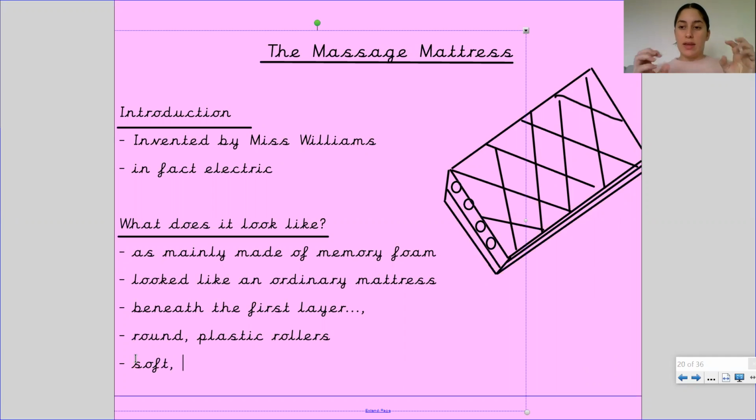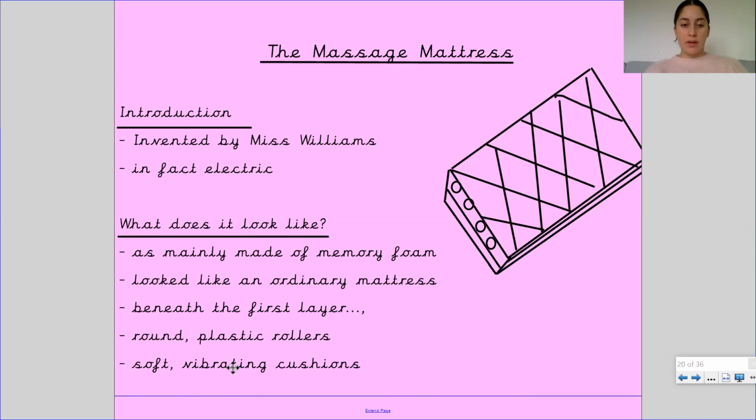So they are soft and they vibrate. So soft vibrating cushions. Okay, so I've used two expanded noun phrases. I've used an interesting sentence starter, and I've also used a subordinate clause in the beginning of my sentence.